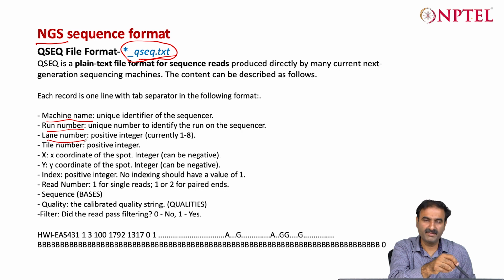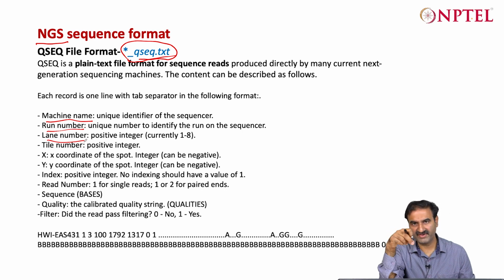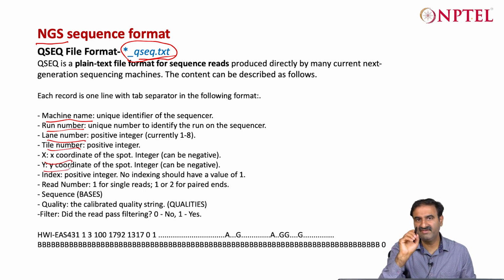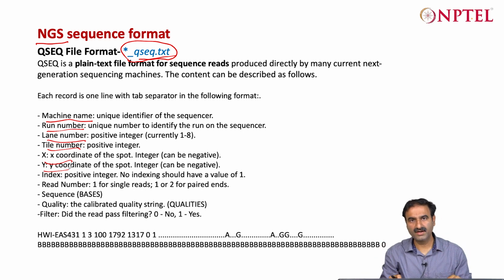Then the run number and lane number, like in the flow cell, where exactly your sequence was located, which corner of the flow cell. It's a glass slide kind of thing, right? The tile number and coordinates tell you which part of the flow cell your sequence was located in, for example the left part.